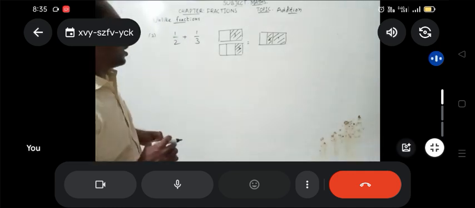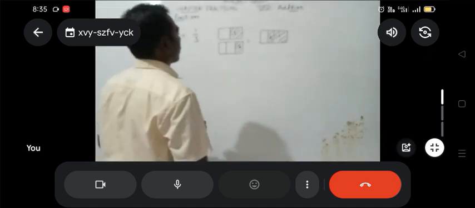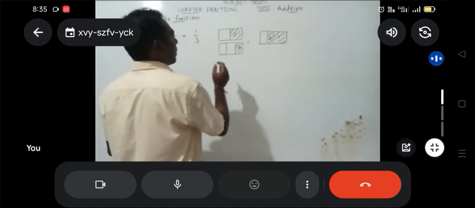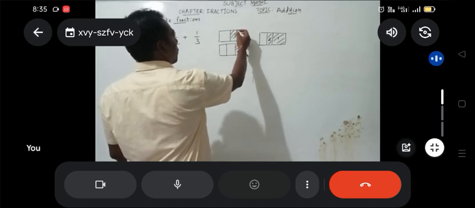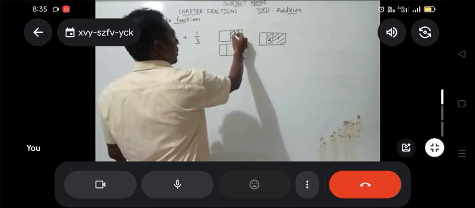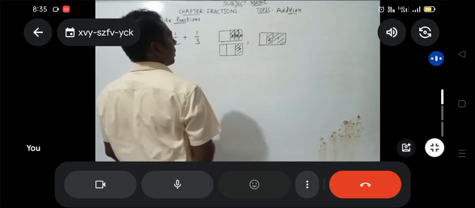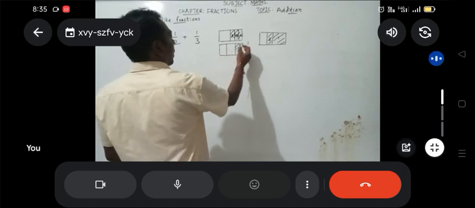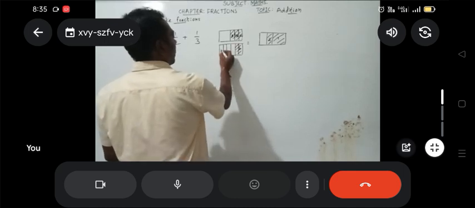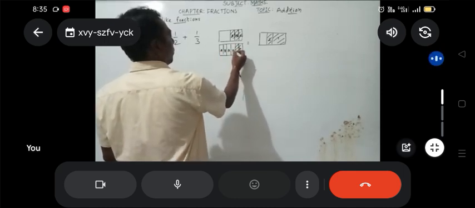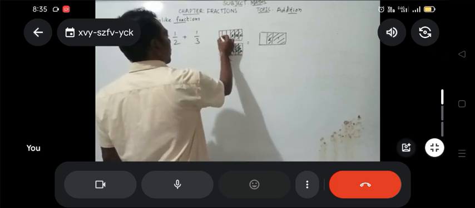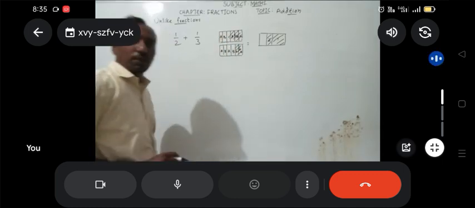To make it equal, I will do one thing. I am going to divide this into 3 parts, A, B, C. Here I am going to divide it into 2 parts, A, B. Now the size will be the same.